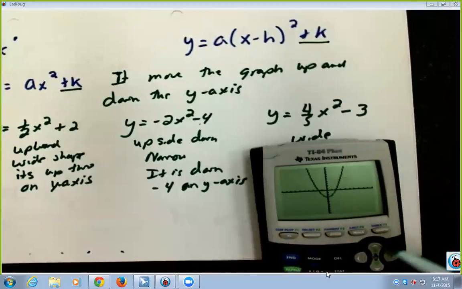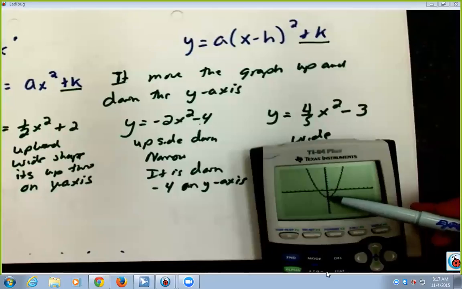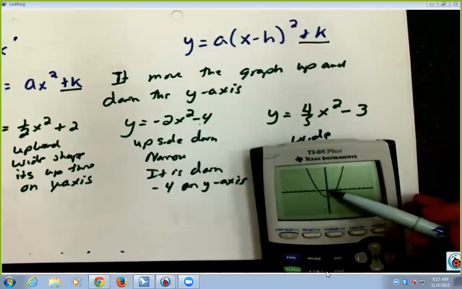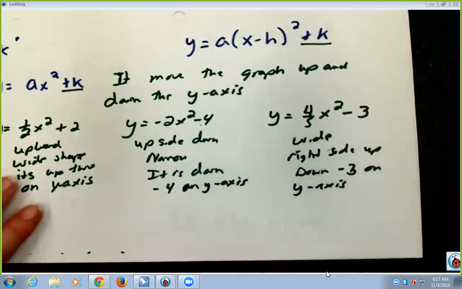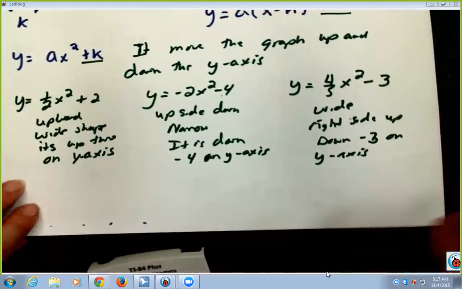It's wider, it's down here at a negative 3. We have intercepts in here, or where it crosses the x-axis, but I can't find those right now. We will be able to as we go through this, and figure out exactly where those two pieces happen to be. And so we can find our x-intercepts based on this. Okay, so that's what K does.